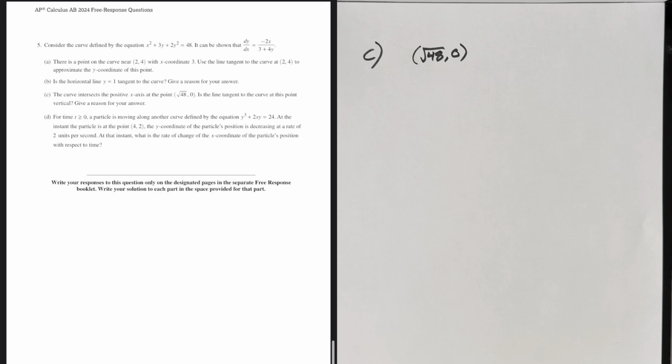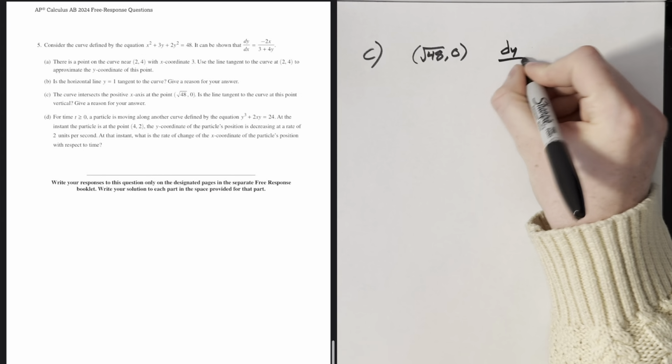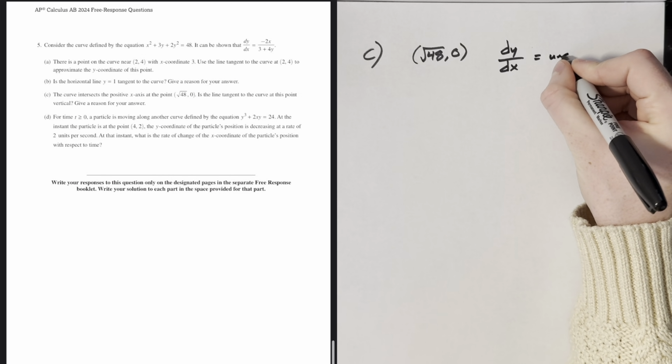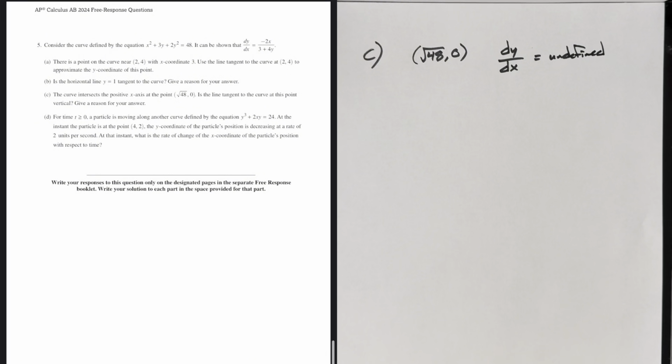Well, we know that when a tangent line is vertical, our derivative, dy/dx, is undefined, because a vertical tangent line doesn't have a defined slope. The rise is infinite while the run is 0. So, is it undefined at this point?